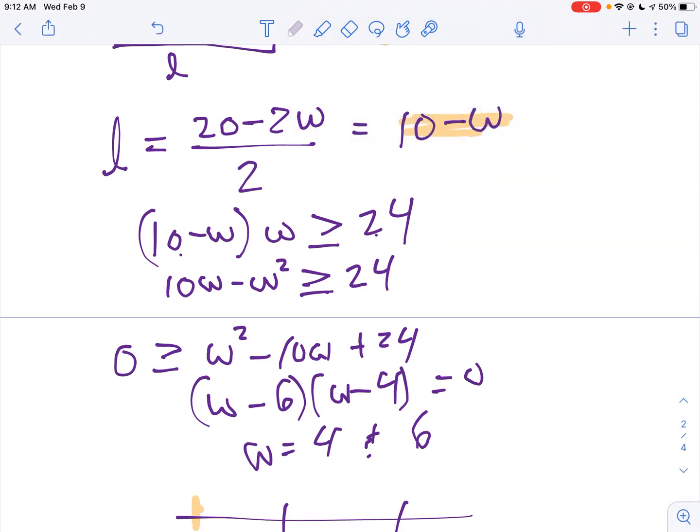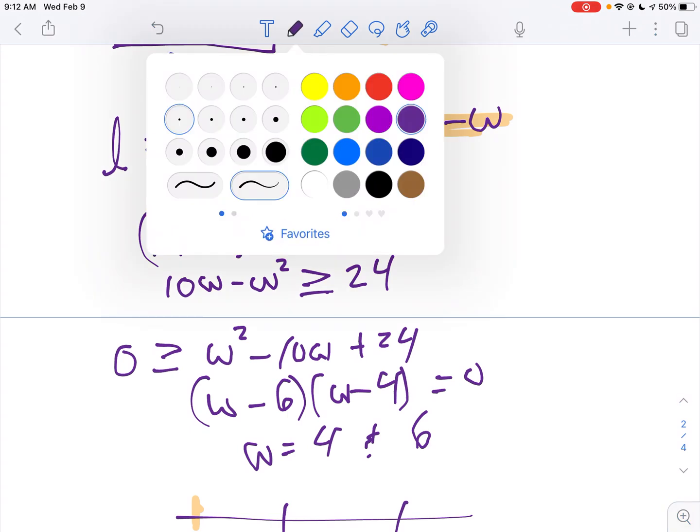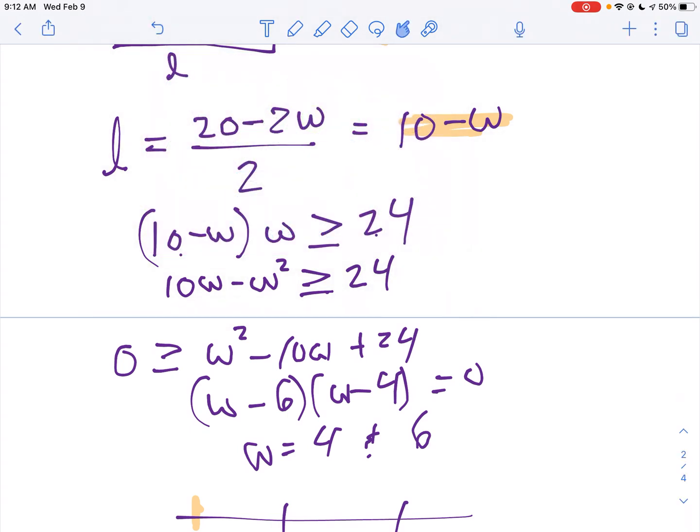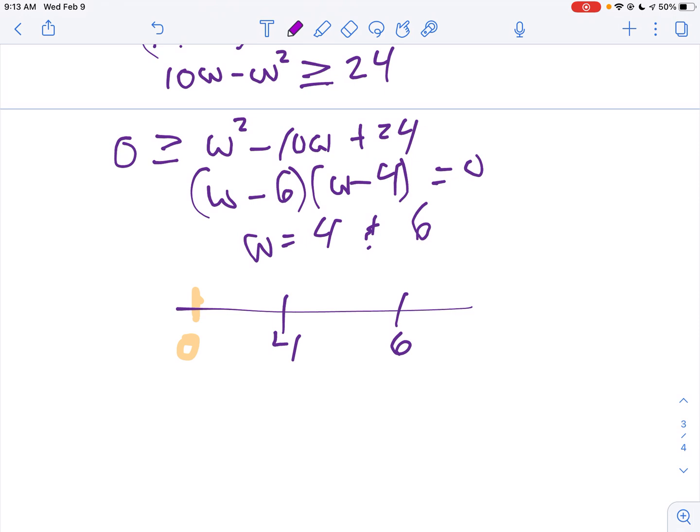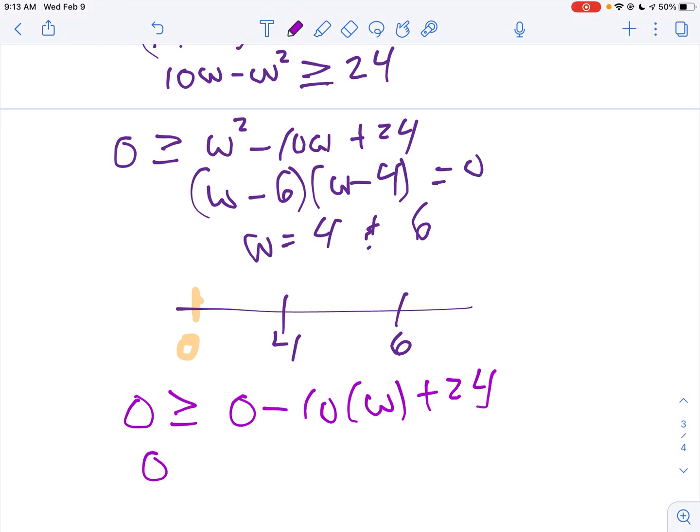I think I'm going to write this down so you can see it. Is 0 greater than or equal to 0 minus 10 times 0 plus 24? And I get 0 is greater than or equal to 24. That is not correct, so that part's false.